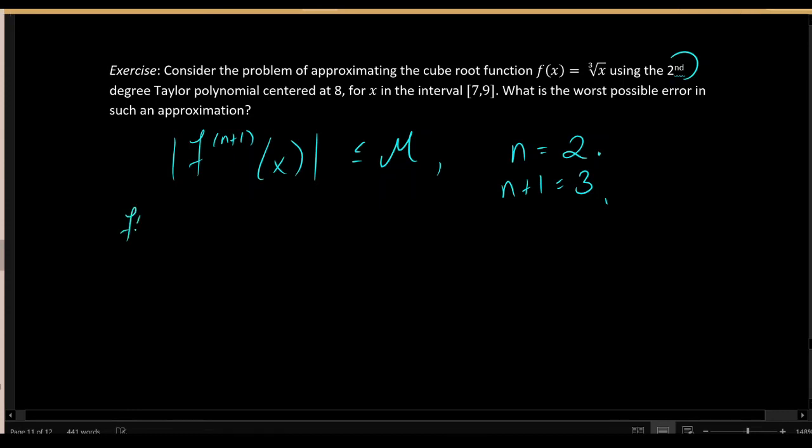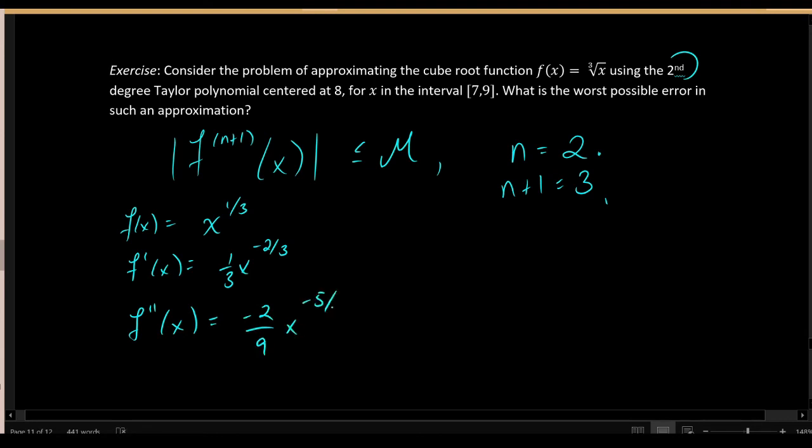So f of x is equal to x to the power 1/3, which means that the first derivative is equal to 1/3 x to the power minus 2/3. So the second derivative is negative 2 over 9 x to the negative 5/3, which makes the third derivative equal to positive 10 over 27 x to the power negative 8 over 3.